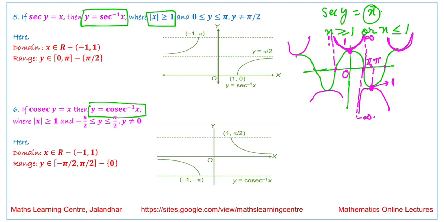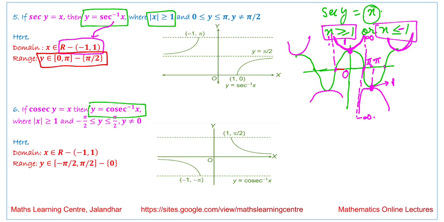So the values of x are always greater than or equal to 1 or less than or equal to minus 1. It means the domain of this inverse function is all real numbers except the numbers lying between minus 1 and 1. And the range of this function is 0 to pi.